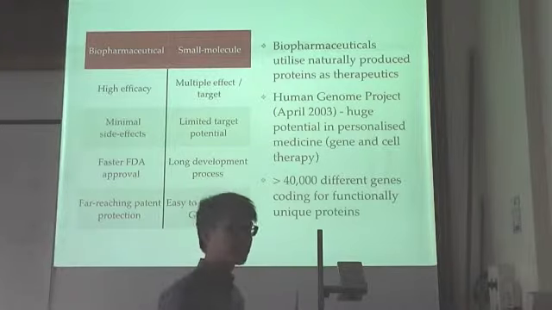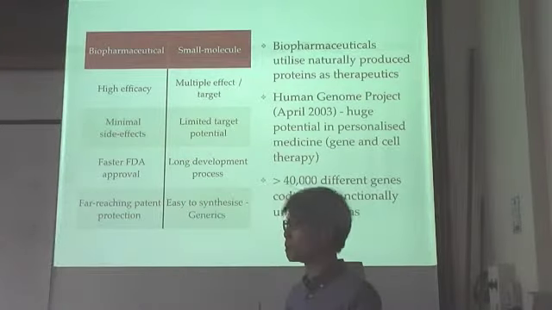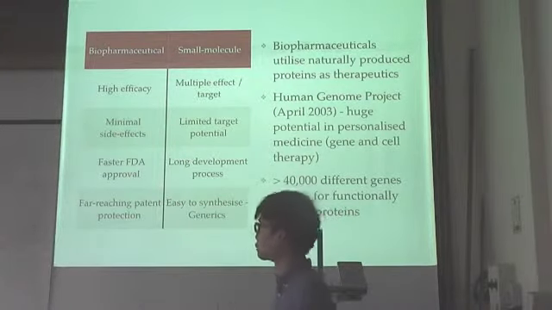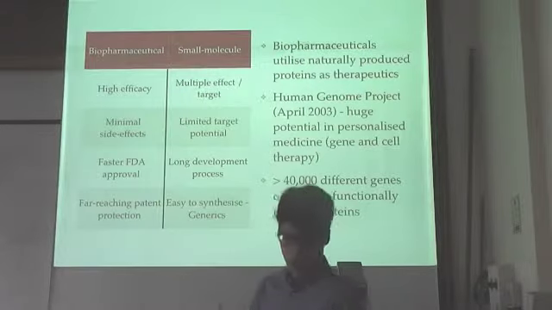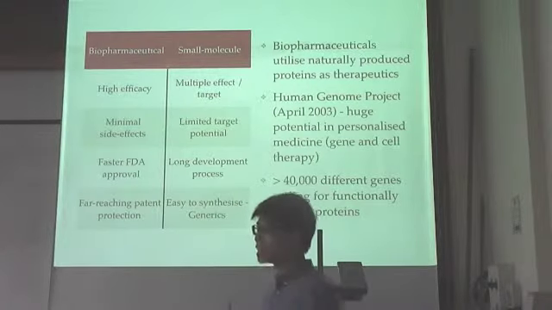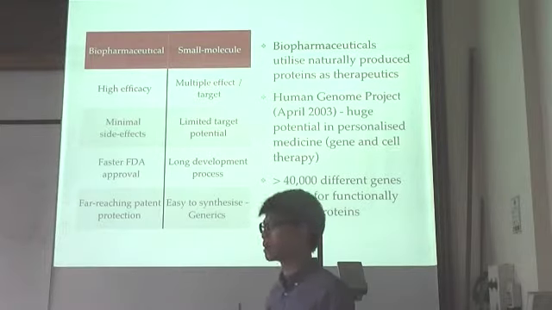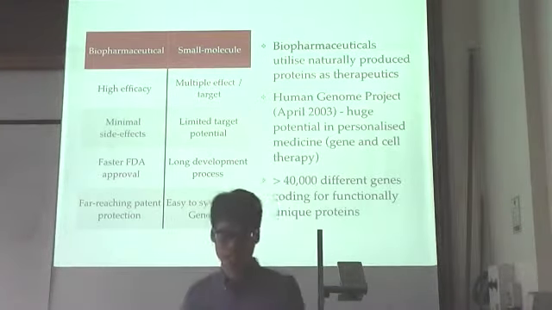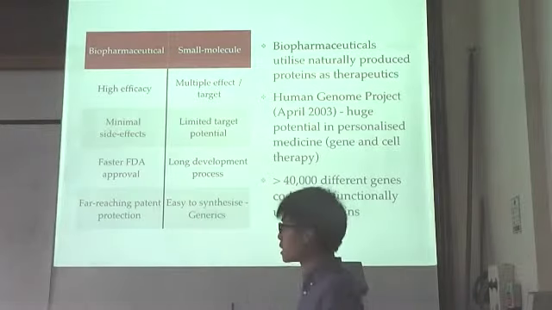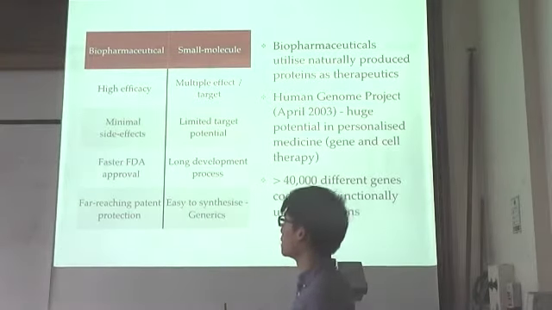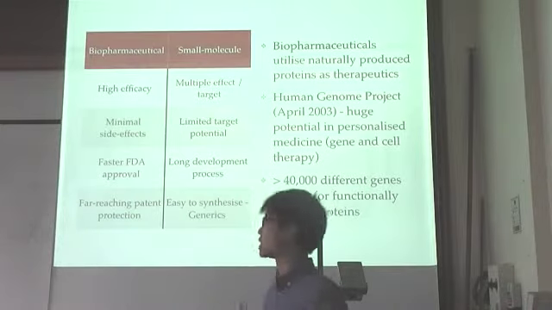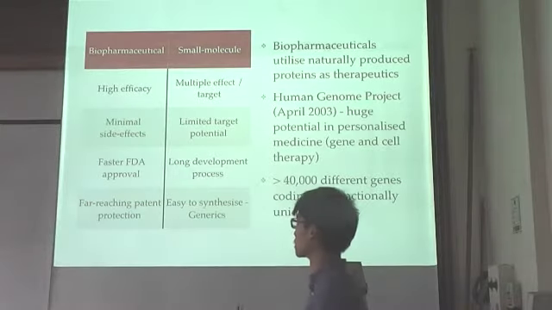So what are the advantages of having such a complex structure? At this point, I would like to stress that this complexity is not just plucked out from thin air. These are scientifically hypothesized, designed, and tested. So this complexity actually gives us extremely good efficacy with minimal side effects as compared to small molecule drugs.